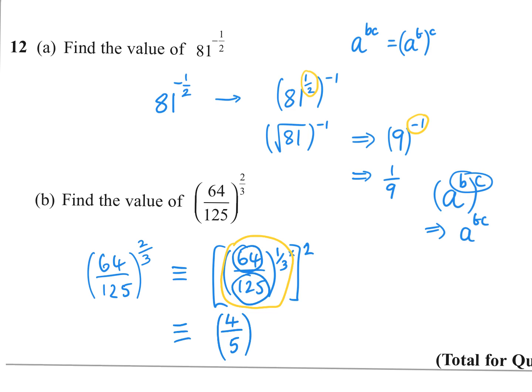That's the third root of 64 125ths. And I put a bracket, don't forget, around all of that because it was all to the power 1/3. And all I need to do now is square, and that's exactly the same as saying 4/5 times by itself. And that's going to give us 16/25ths. So there's our answer to part B.